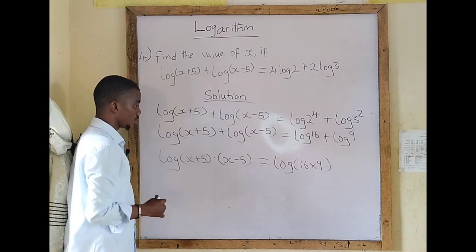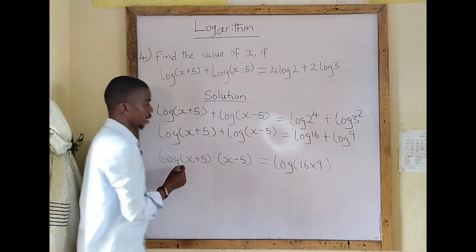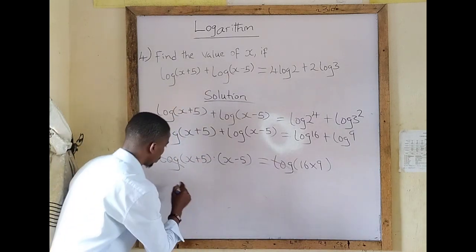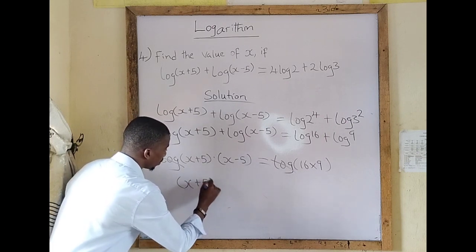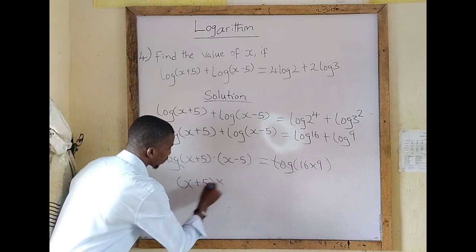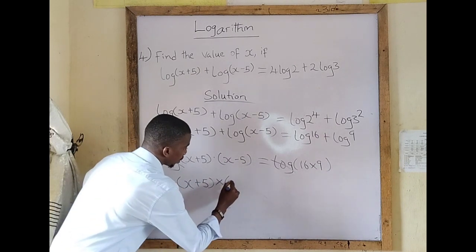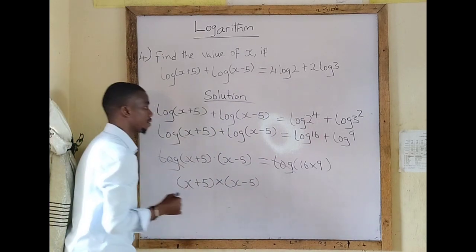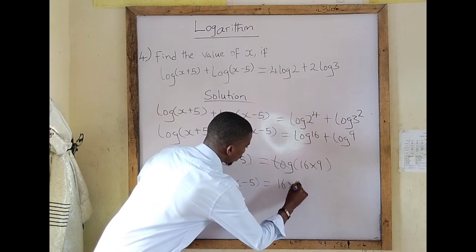You can see that the log here will cancel the log here, and that's gone. So we have (x + 5) times (x - 5), which is equal to 16 times 9.